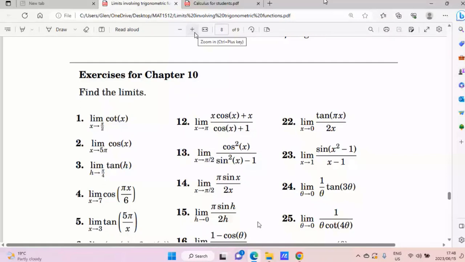Okay. Let me try to make it clearer. Lerato, quickly help me out. What is π over 3? In degrees, what is it? 60 degrees.